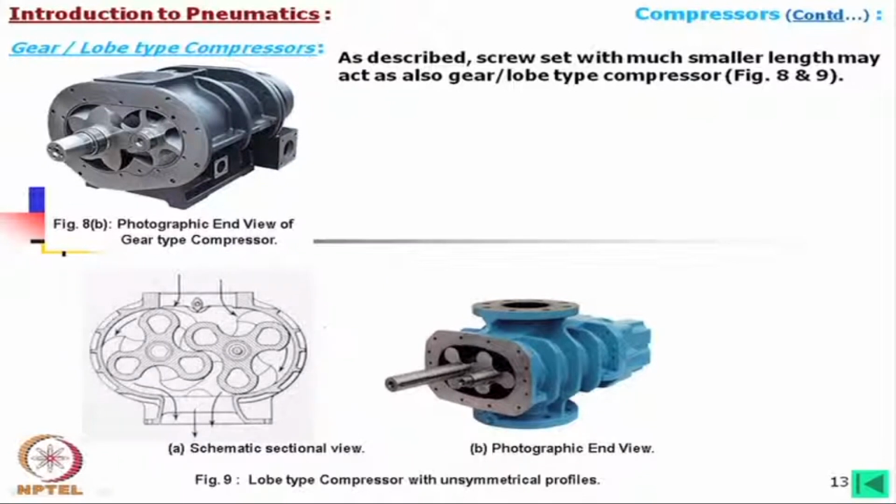But remember, like the gear pump, suppose this is rotating in this direction, then this will be inlet and this will be outlet. Normally, if it is rotating in this direction, then people get confused, perhaps air is flowing like this in case of gear pump also, but it is not like that. The air is coming in, then it is being trapped and it is going out.